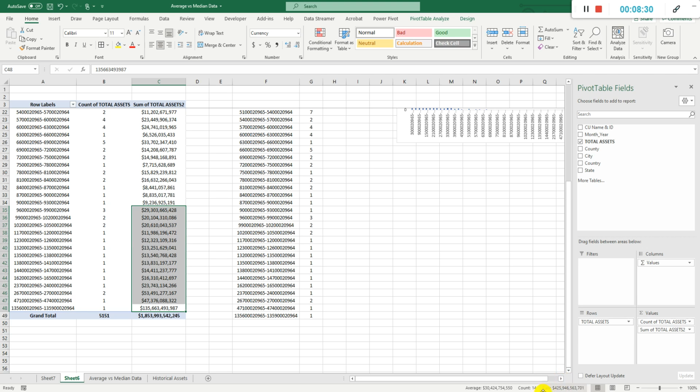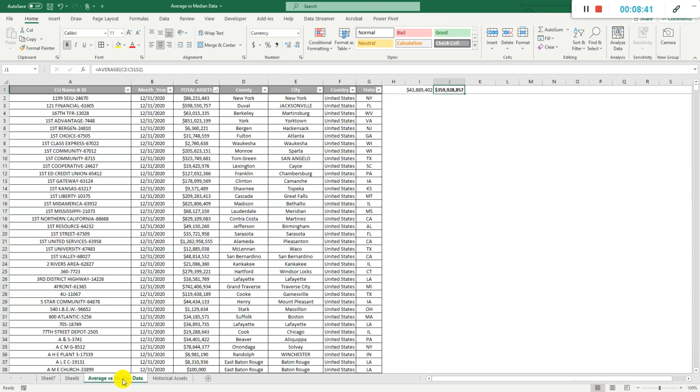You look here, 14 credit unions have more than 400 billions. And of course, we have more than 5,000 credit unions. So that is why we want to use the median. It's a better measure to understand the size of a credit union when we're talking about assets.